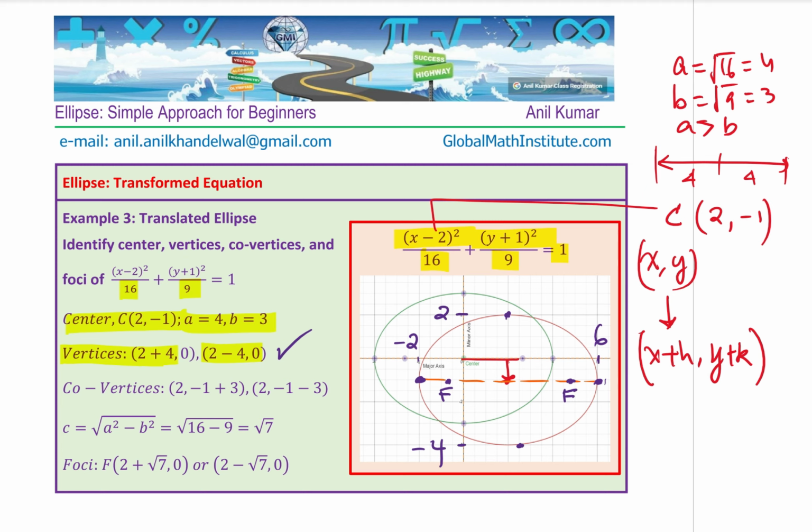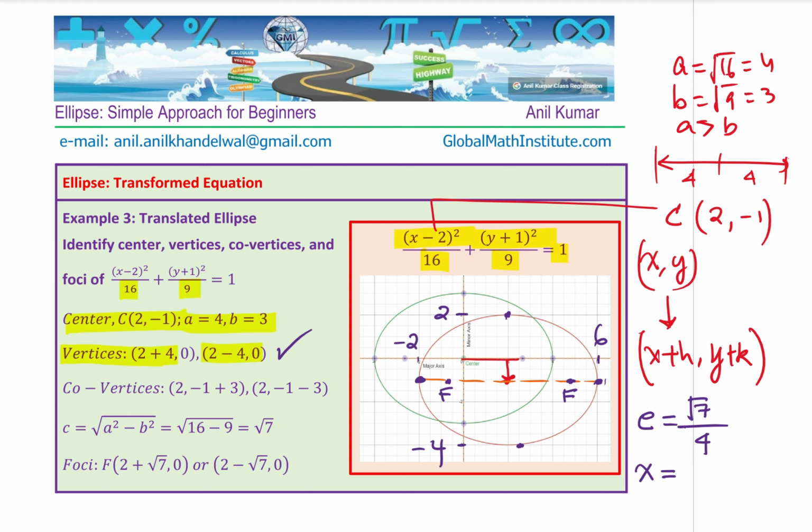You can also find the eccentricity E, which will be what? The ratio of C, which is square root of 7, over the semi-major axis A, which is 4. So that is the value of E. And to find the equation of the directrix, which is a vertical line, it is x equals A over E, right?